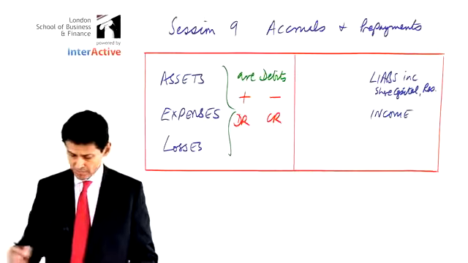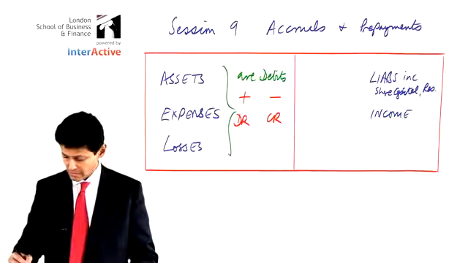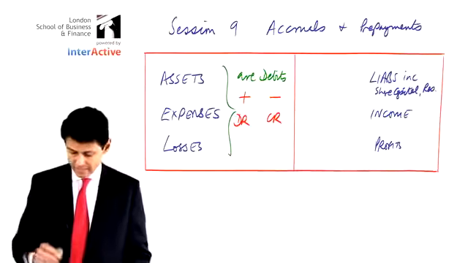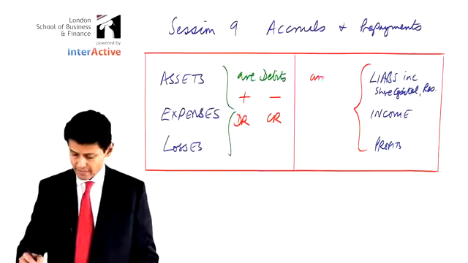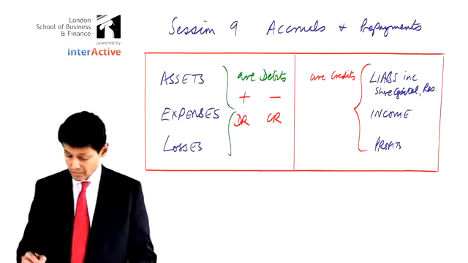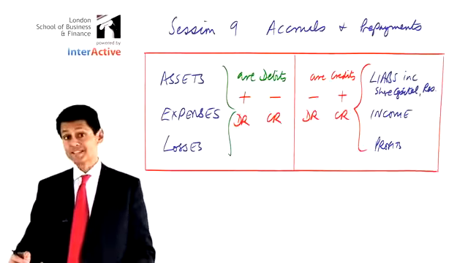And the opposite of losses, of course, is profits or gains. And these are, of course, credits. And if you want to reduce a credit, you have to debit it. If you want to increase a credit, you must credit it.